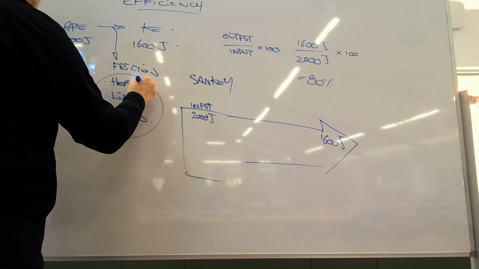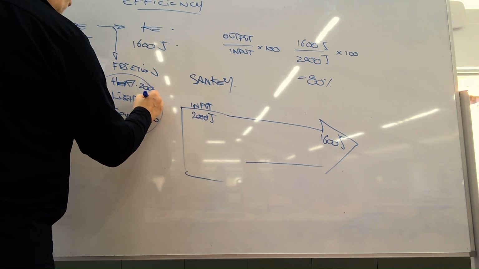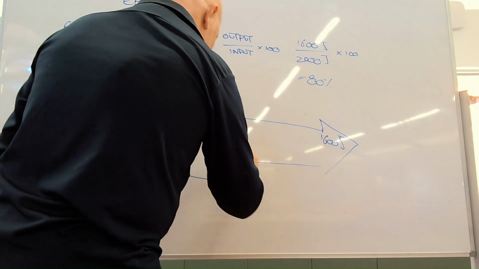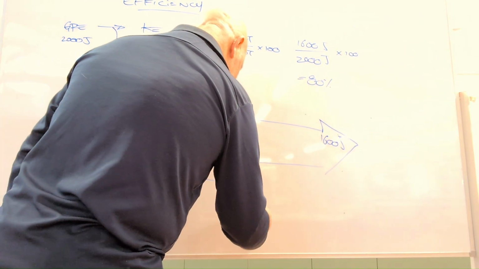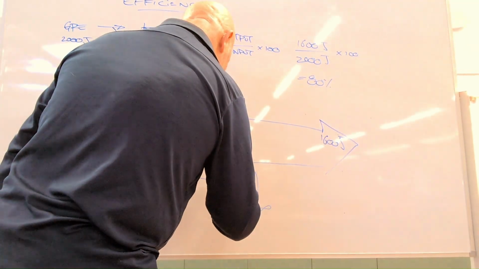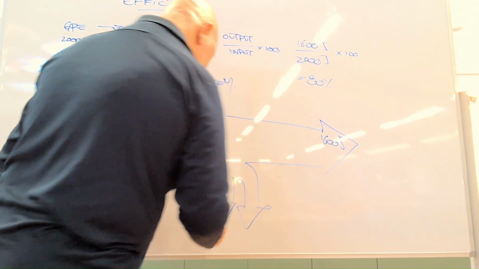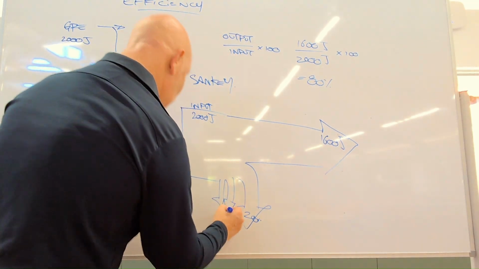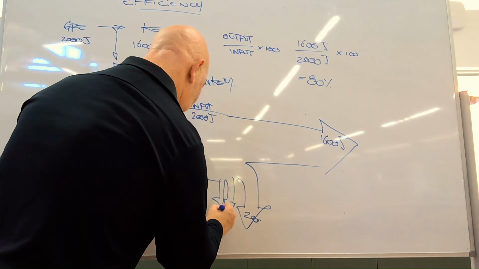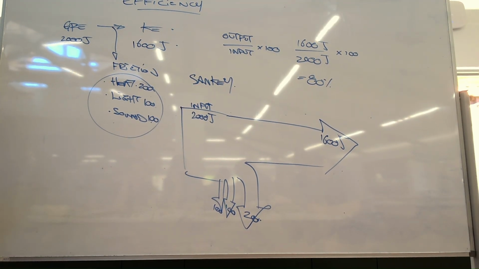So we might say 200 is there, 100 is there, and 100 is there. So here we're going to have a line that's a bit thicker than the others, and then there's going to be a thin line and a thin line. So this will be 200 for heat, this will be 100 for light, and 100 for sound. Okay, and that's the Sankey diagram. You need to be able to do them.